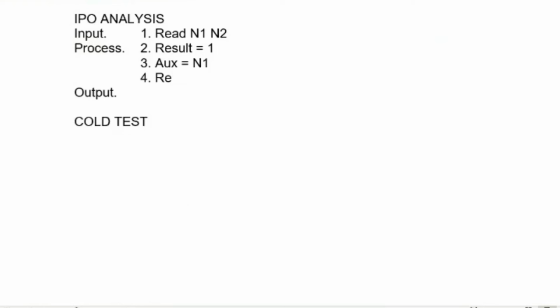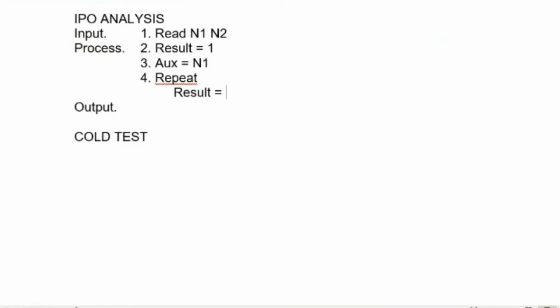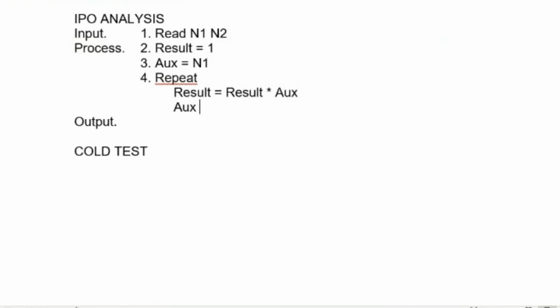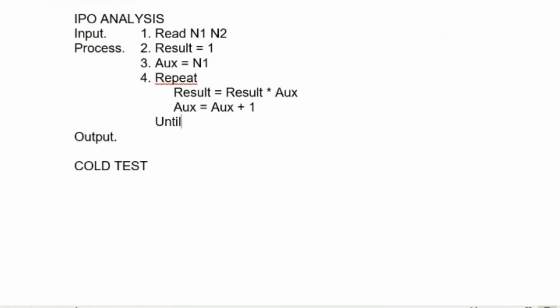Repeat result is equal to result by aux, and then aux is equal to aux plus 1 until aux is greater than n2. Okay? Now the output, number 5, write result.